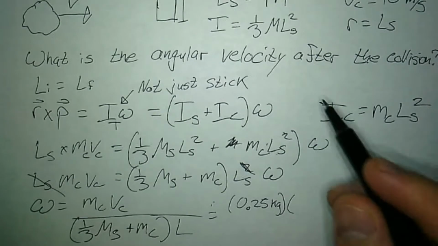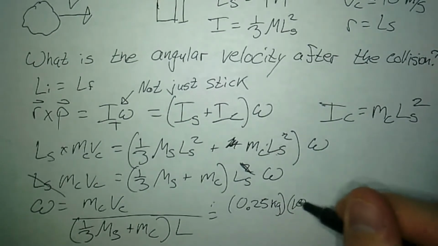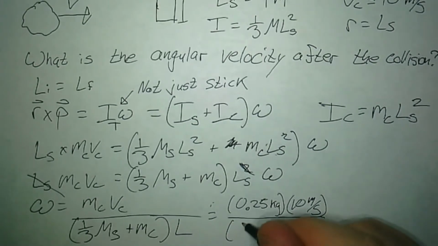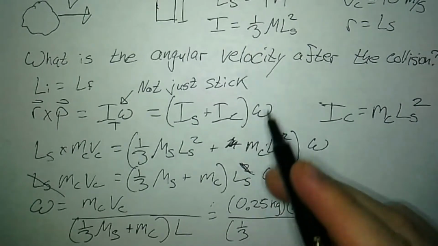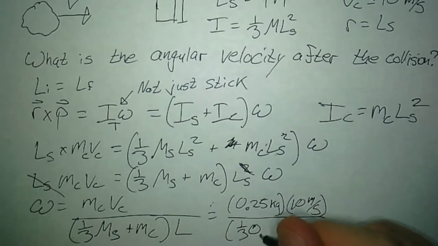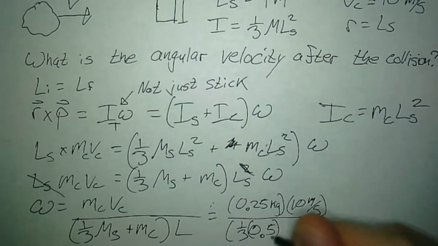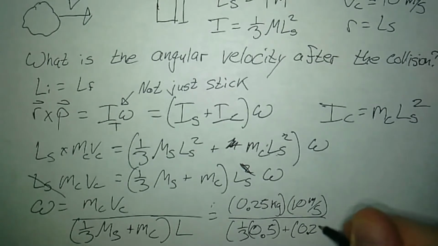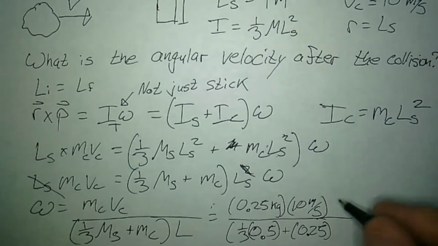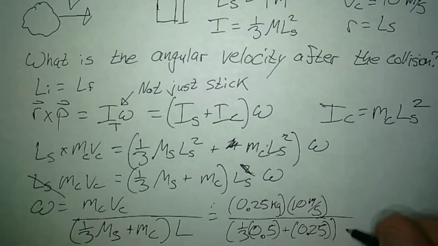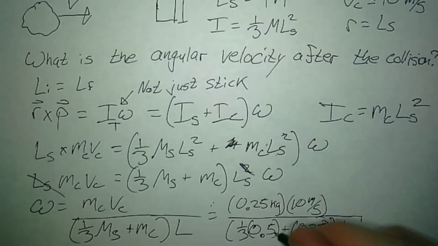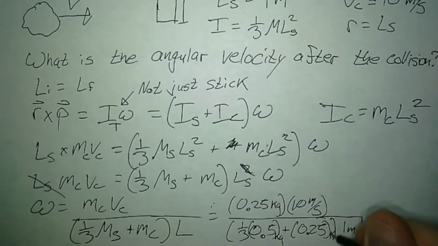Velocity of the clay is 10 meters per second. Mass of the stick is 1/3 times 0.5, plus mass of the clay, which is 1/4. And the length of the stick is 1 meter. Oh, I didn't write the units down here: kilograms.